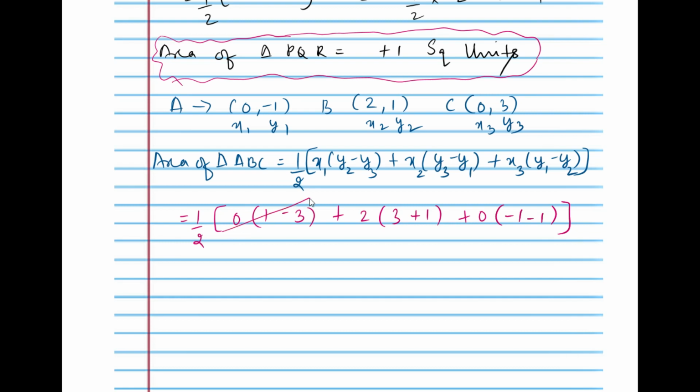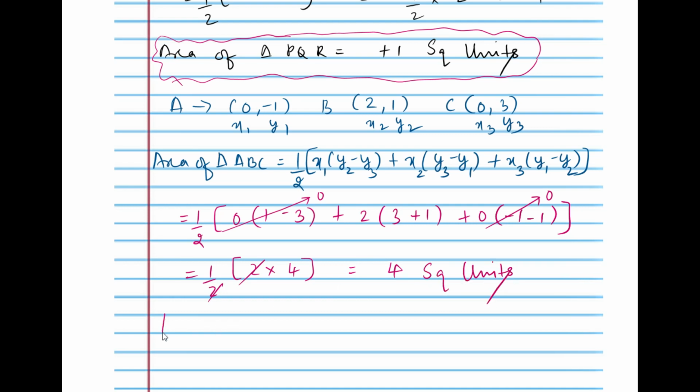Now 0 into anything is 0, this becomes 0. In the same way, 0 into anything is 0, it becomes 0. Now half into 2 into 3 plus 1 is 4. Now 2 and 2 will cancel out, we get 4 square units.